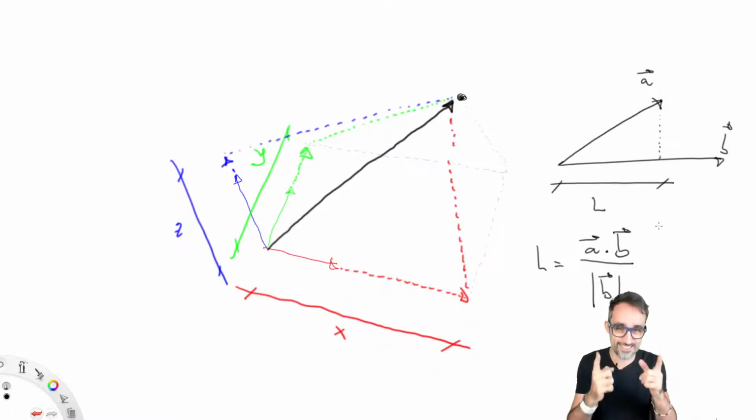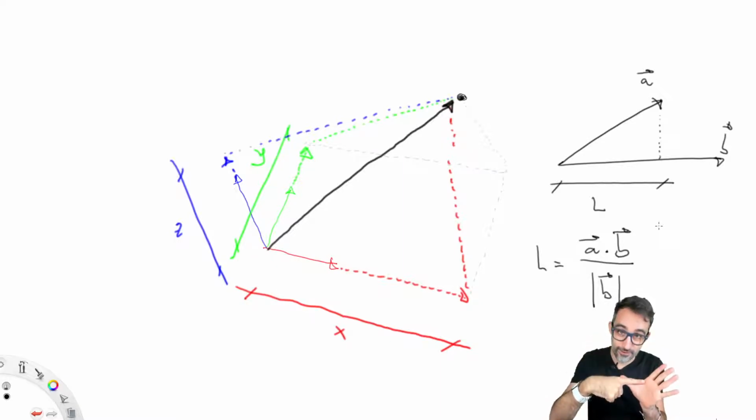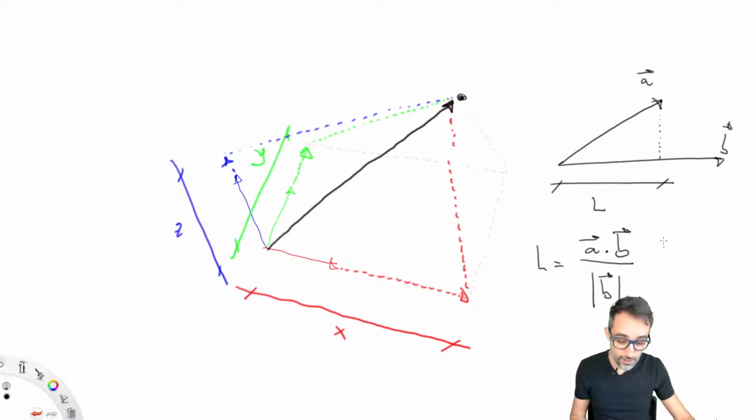Let me say this again. The length of the projection of one vector on top of another equals the dot product of the two vectors divided by the length of the vector that we are projecting on.